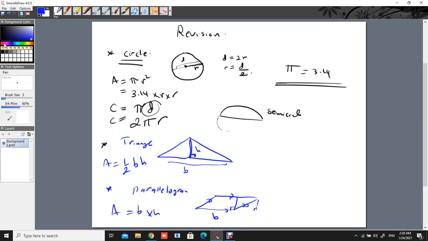Now for the trapezium, to work out the area of a trapezium, this is a trapezium.